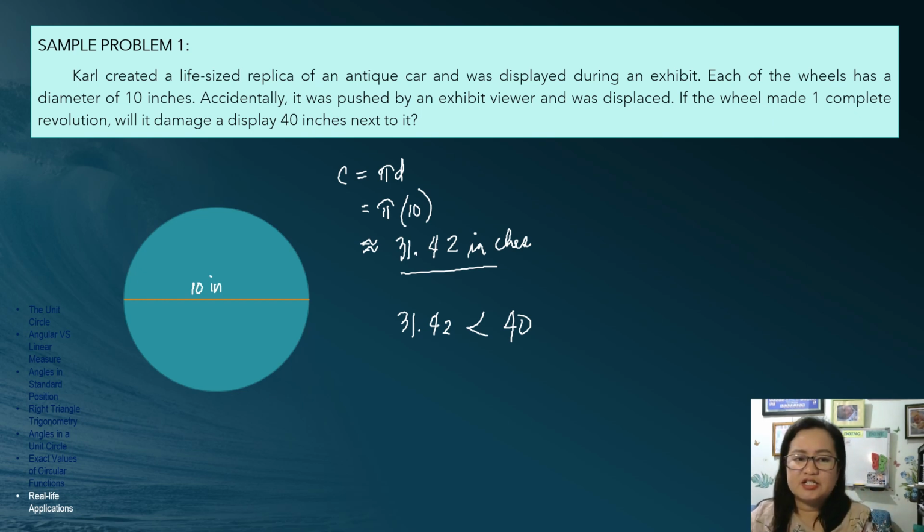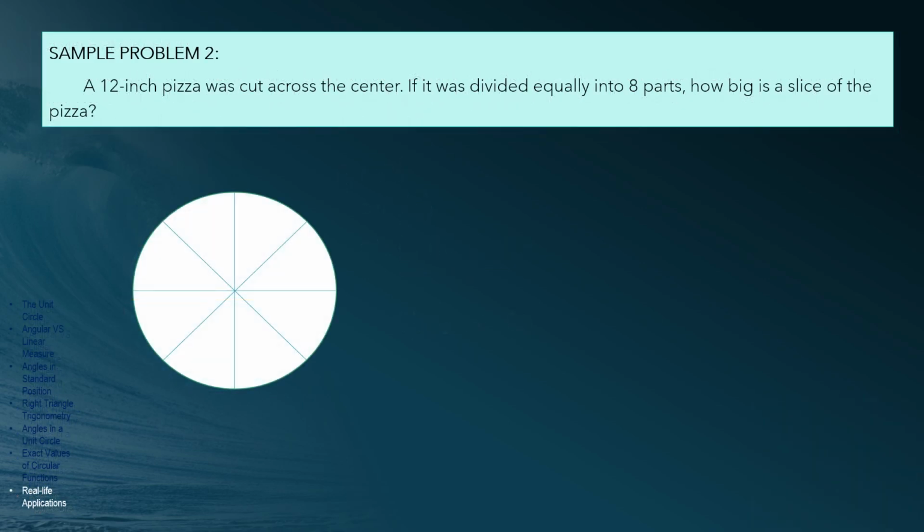Okay, now let's work on this. A 12-inch pizza was cut across the center. If it was divided equally into 8 parts, how big is a slice of the pizza? We then illustrate the given. A 12-inch pizza, that means we have a diameter of 12, so therefore r is equal to 6. Now this circular pizza was divided into 8 parts.